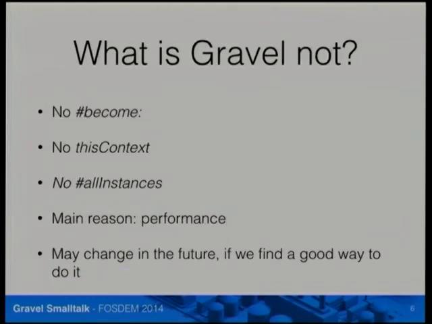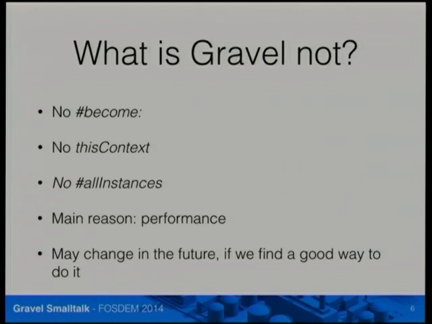We also have some things in Gravel clearly absent. If you are coming from a Smalltalk world, you may know the become operator, the allInstances operator, or the special variable thisContext.